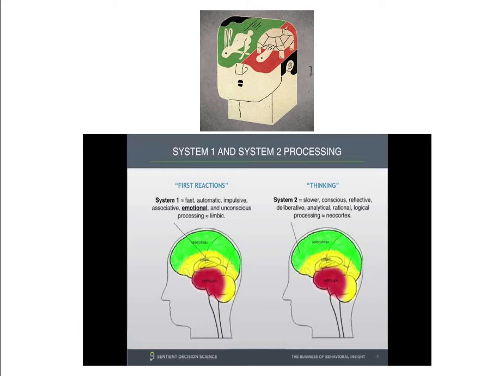There's a fast-acting system designed for efficiency, as you can see on the left. That fast-acting system presents first reactions to circumstances and situations and encounters with others. It's fast, automatic, impulsive, operates by associations that have been imprinted in our brain, can be emotional, and is unconscious processing.